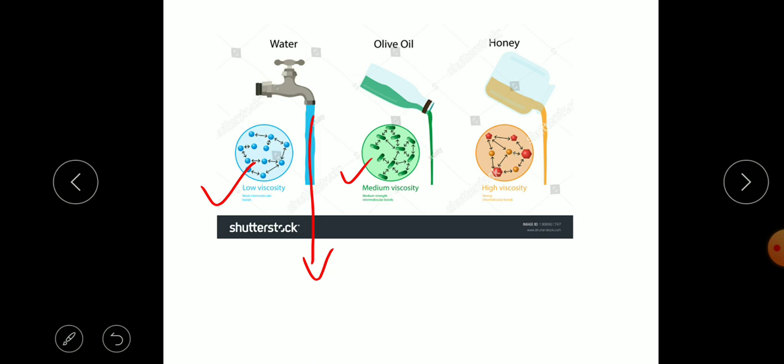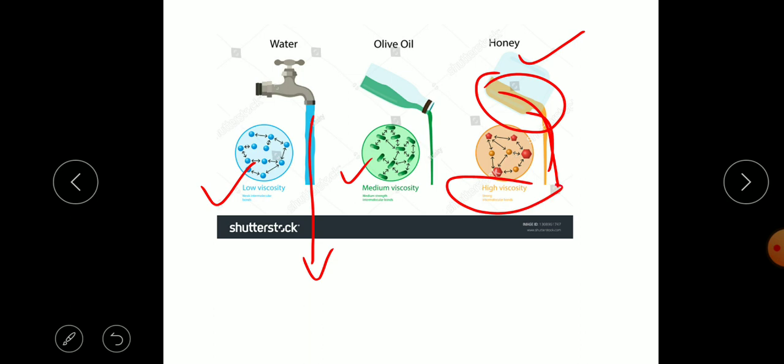They have a medium viscosity compared to water. In the case of honey, gel, or grease, or some thicker oil, it will not flow easily because of the resistance to the flow, which is called viscosity.